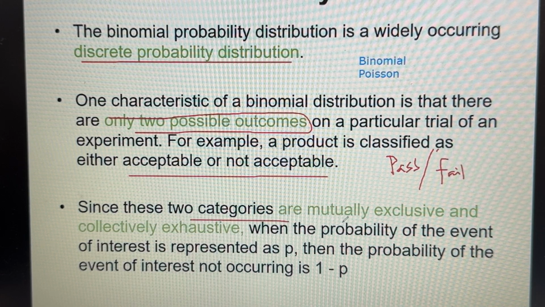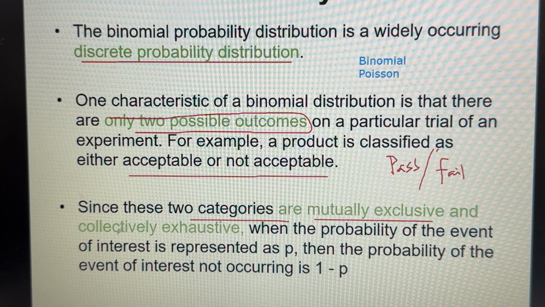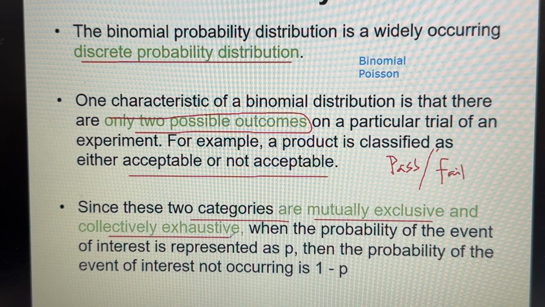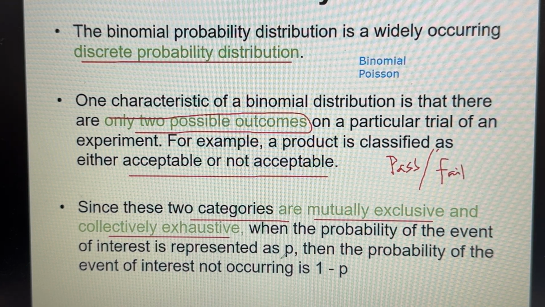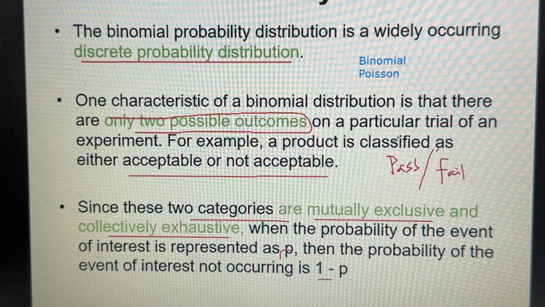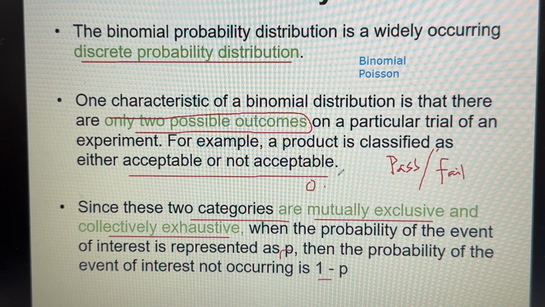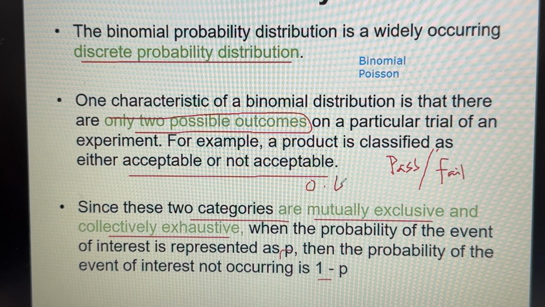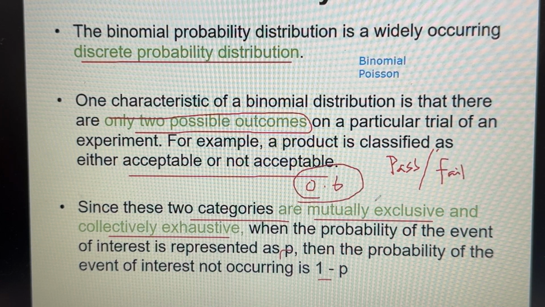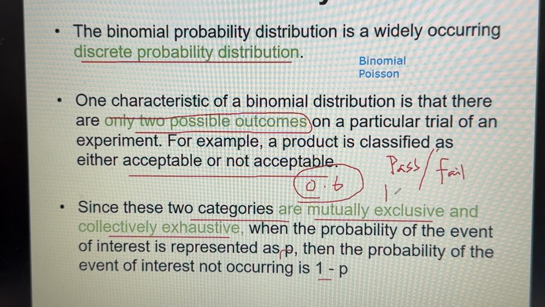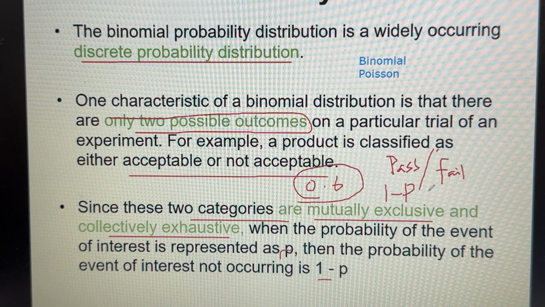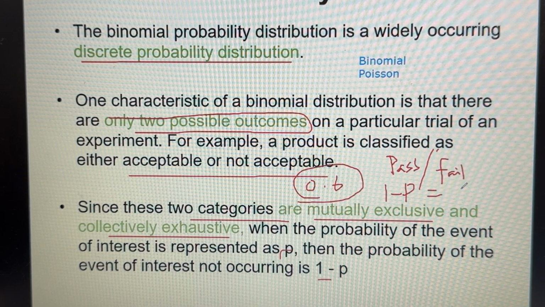Since these two categories are mutually exclusive and collectively exhaustive, when the probability of the event of interest is represented as P, the probability of the event of interest not occurring is 1 minus P. If you say the probability of passing the exam is 0.6, then not passing, or failing, is 1 minus P, which is 0.4.